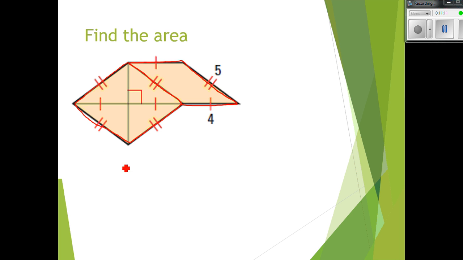We've already found the area of a parallelogram in previous lessons. So to find the area of this whole figure, my plan is to find the area of each individual shape, which is a rhombus and a parallelogram. The area of a rhombus is 1/2 diagonal 1 times diagonal 2 plus the area of a parallelogram.